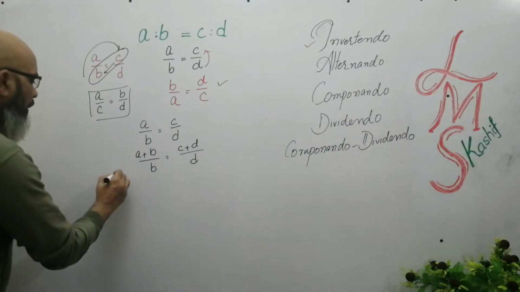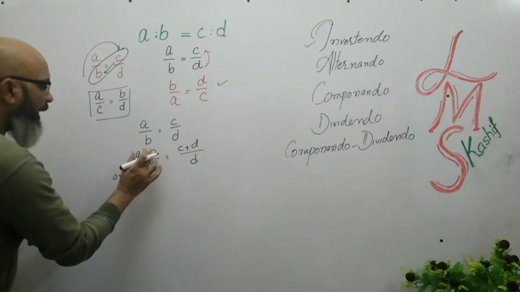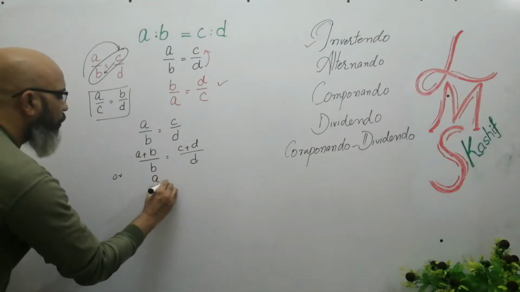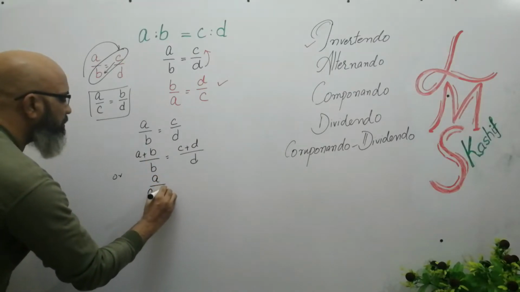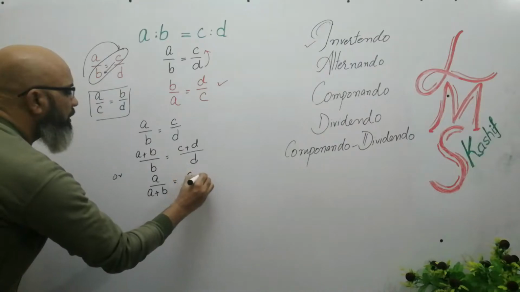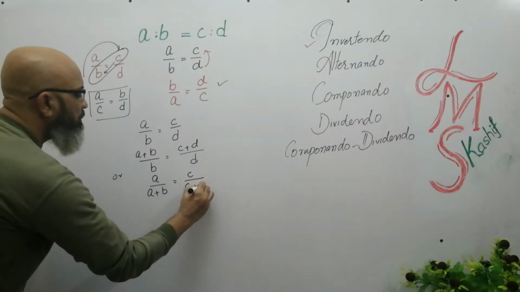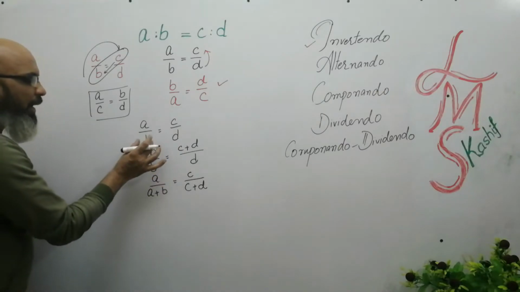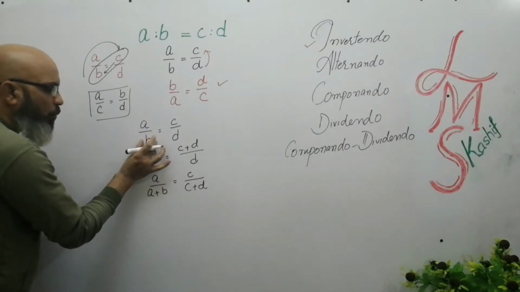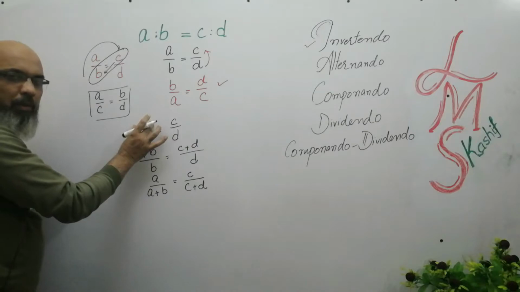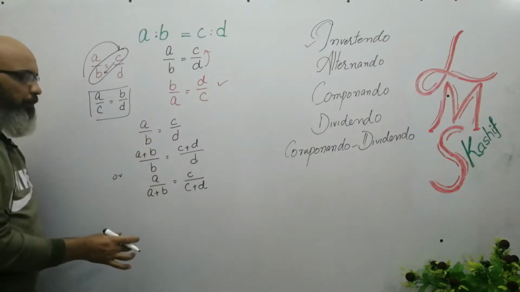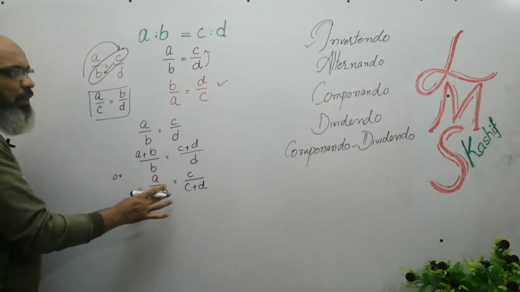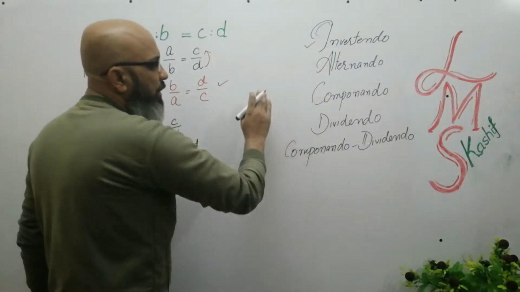The other one, or you can add in this way, A over A plus B is equal to C over C plus D. Means in componendo theorem, we will add the denominator quantity with the numerator quantity. So that is how we get componendo theorem.